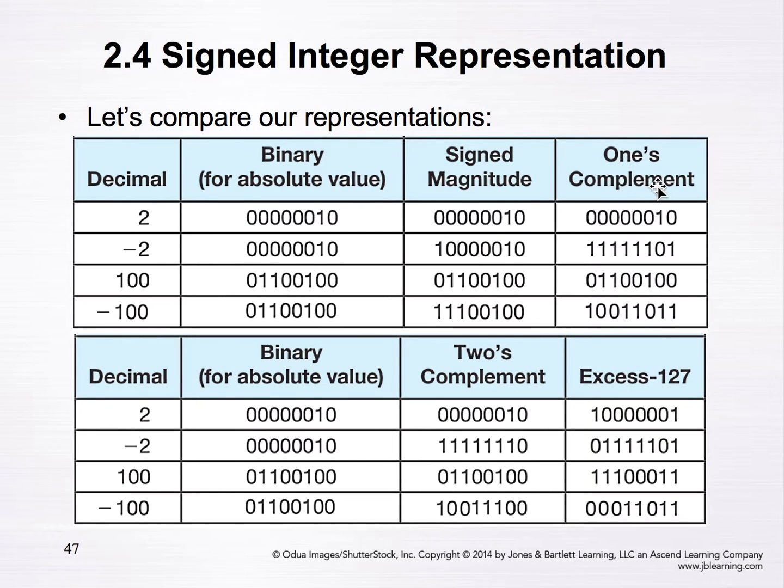In one's complement representation, the positive number is the same, while the negative number is obtained by flipping the bits of the positive number.